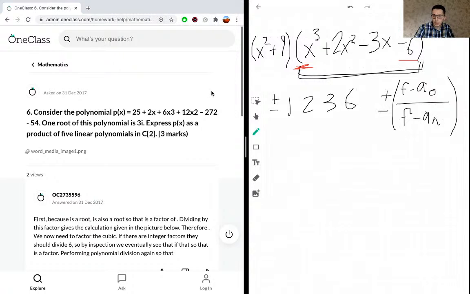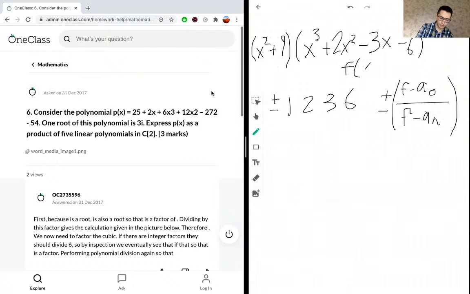So if we substitute that value and we obtain a 0, that is one of the roots of that equation. So we can start off with 1. So if we substitute 1, let's call this function f at x.